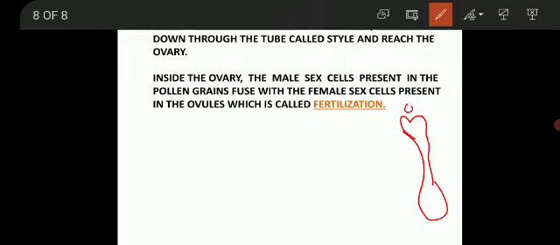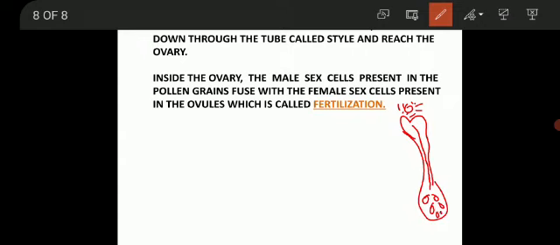So, when the pollen grain falls on the stigma of the pistil, then it moves through the style and reaches the ovary where the ovules are there, because the ovules contain the female sex cells.